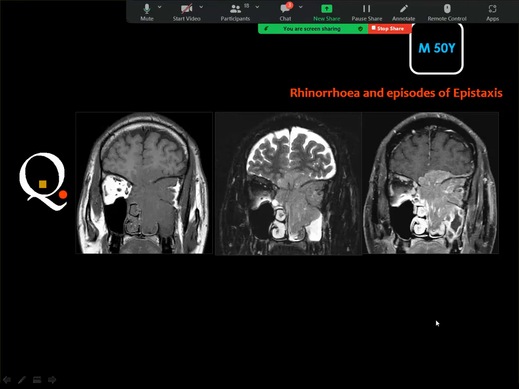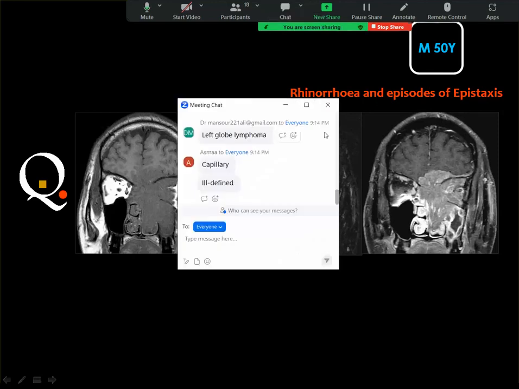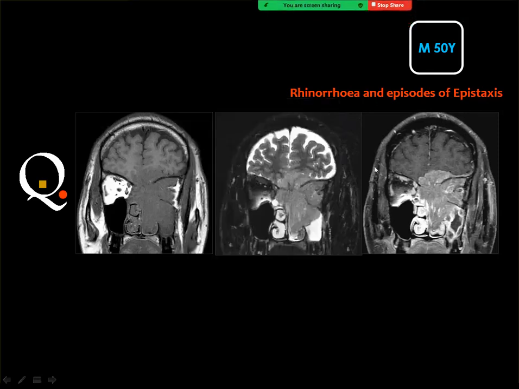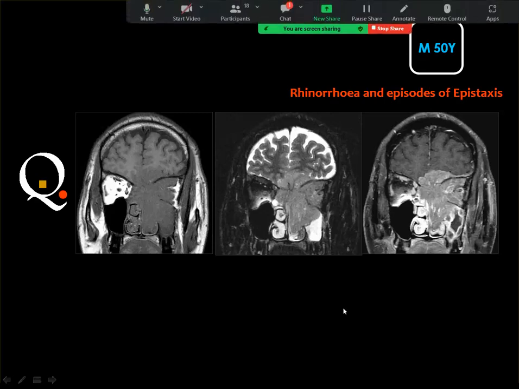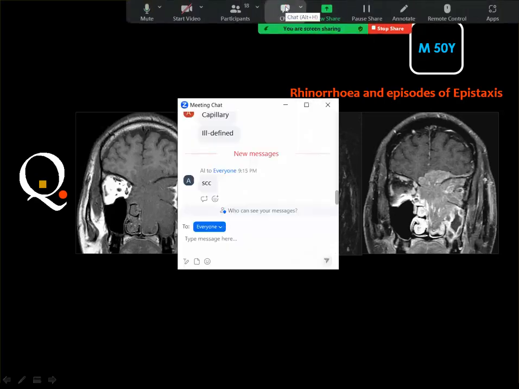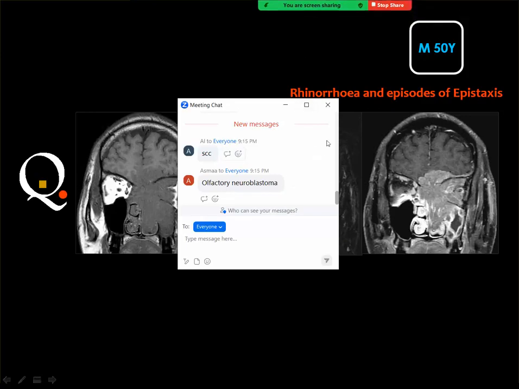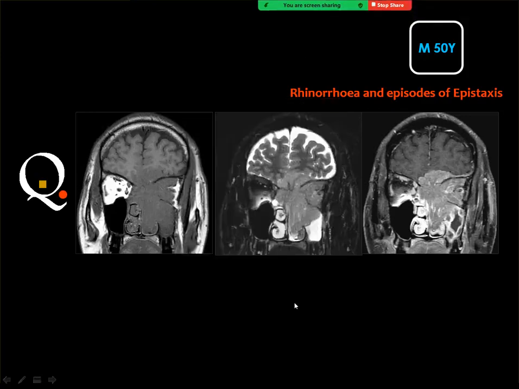Next case is a male, 50 years old, with rhinorrhea and episodes of epistaxis. Olfactory neuroblastoma, this is a good answer.